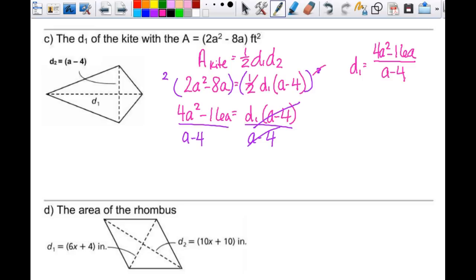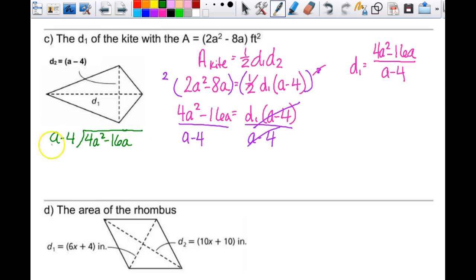Okay? You've got one of two ways that you can do this. All right? Do y'all remember polynomial long division? Did it in Algebra 1. Okay? And so you could do the A minus 4 into it.